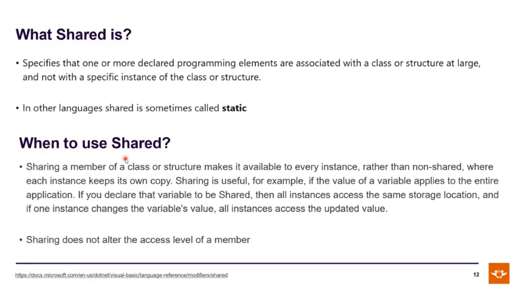Basically, a shared method or variable does not belong to an object, it belongs to a class. Other languages refer to them as static, but static is a keyword inside VB as well, so just be careful of that.